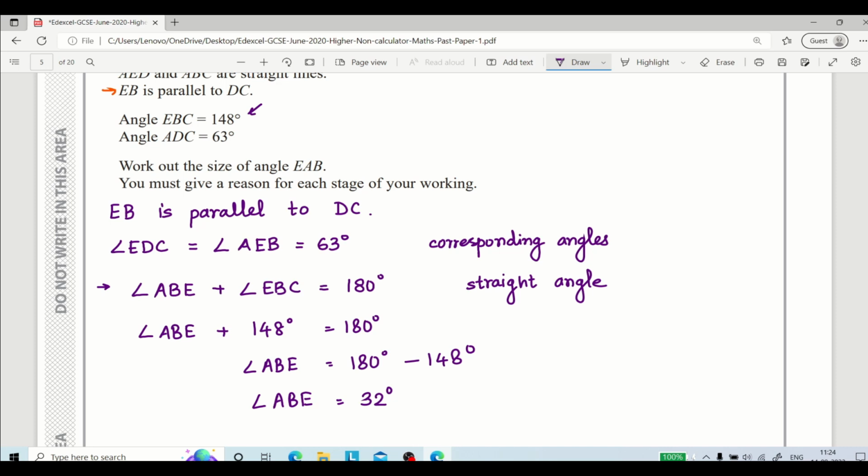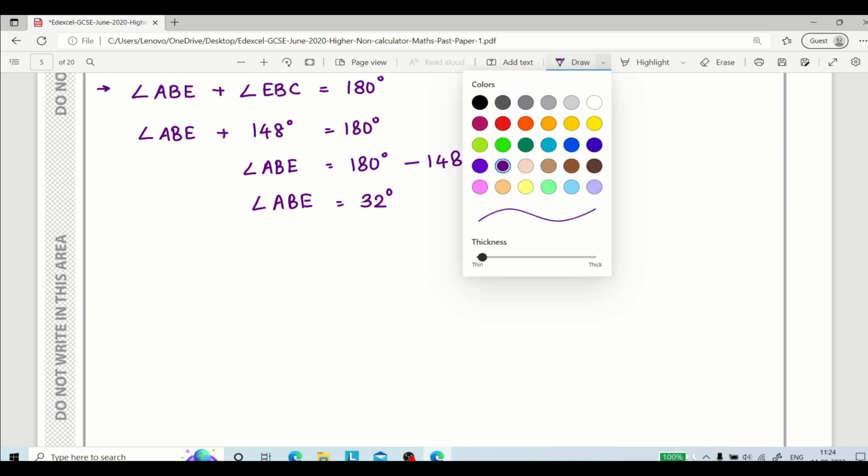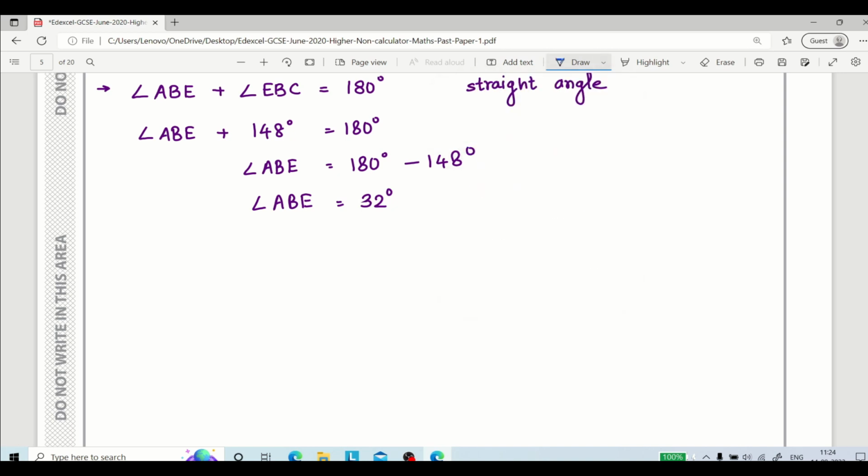Now it's just the last part. Sum of all angles in a triangle add up to 180 degrees, right? Let me just write this down. Sum of all angles in a triangle add up to 180 degrees.